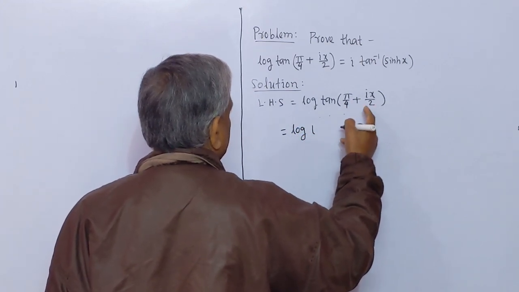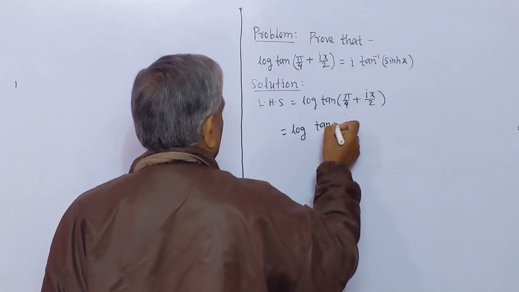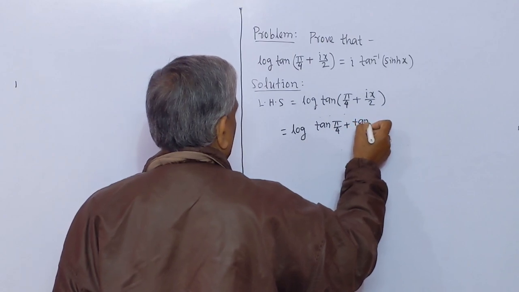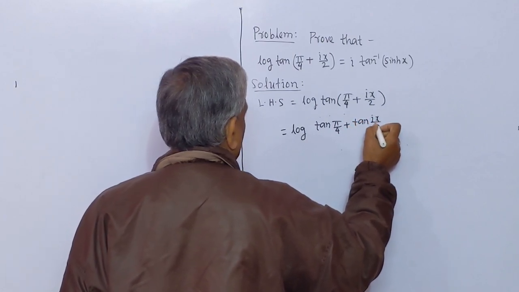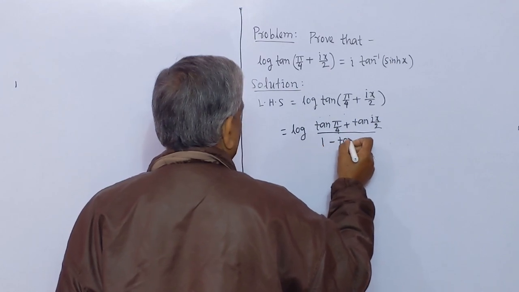tan(a + b) equals (tan a + tan b) by (1 - tan a tan b).